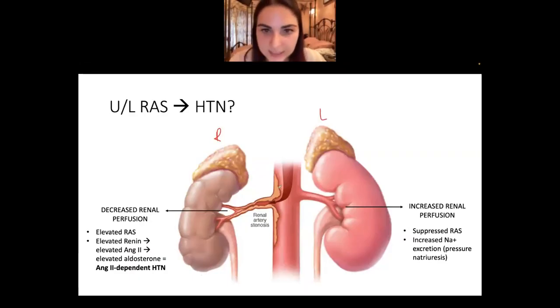This is the right kidney, and this is the left kidney. The right kidney in this instance has decreased renal perfusion because less blood is able to get all the way over here because of this atherosclerosis. So this might be an elderly man. Since this one is not getting as much blood, this one is actually going to get more blood than it's used to. So this kidney is going to have increased renal perfusion.